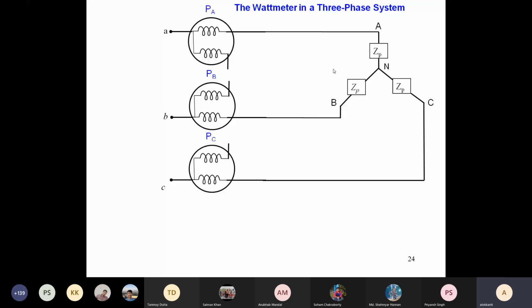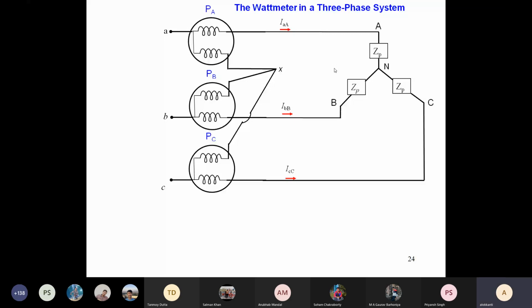So let us tie the voltage coils together, and give that point a name, X. So this is the situation: we are trying to measure the power in a 3-phase circuit, and for the time being we have considered a star-connected load with 3 wattmeters. Each of the current coils is directly connected to the phases, but the voltage coils are made common.